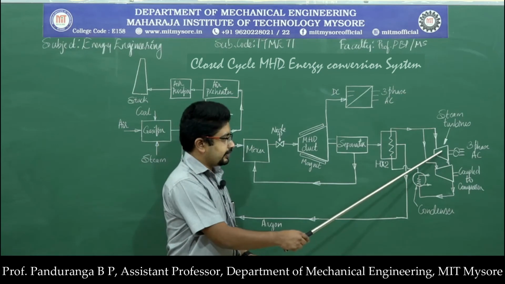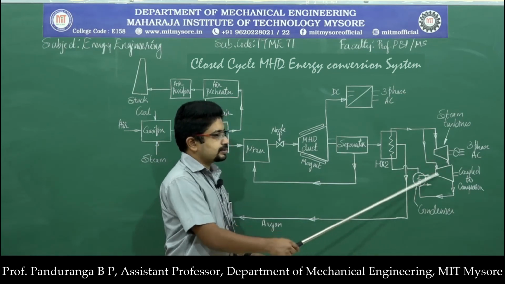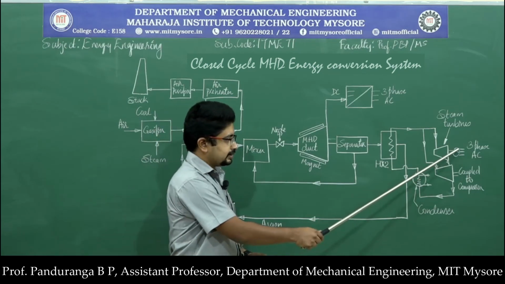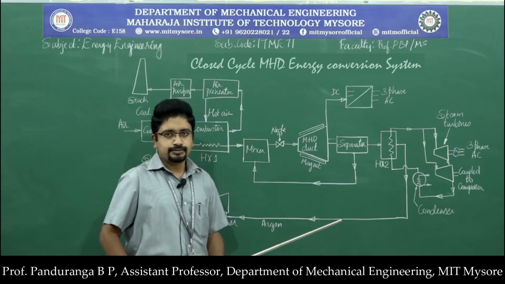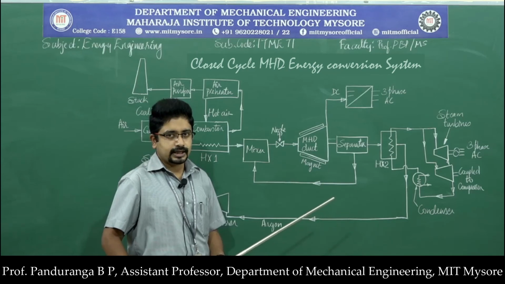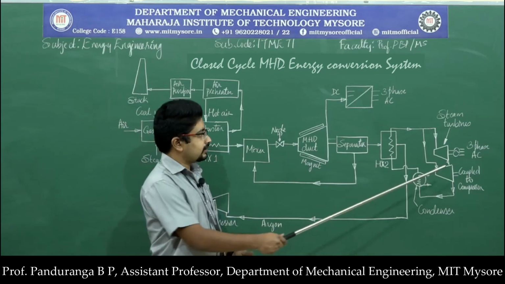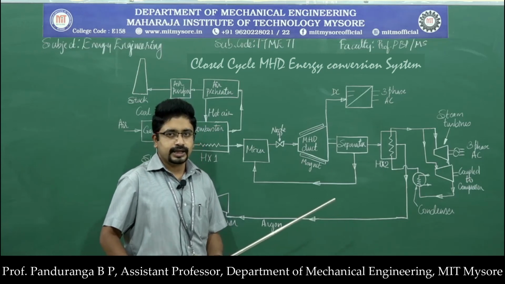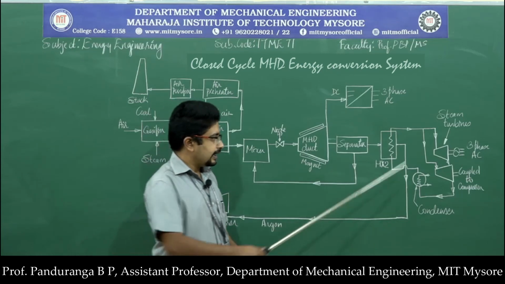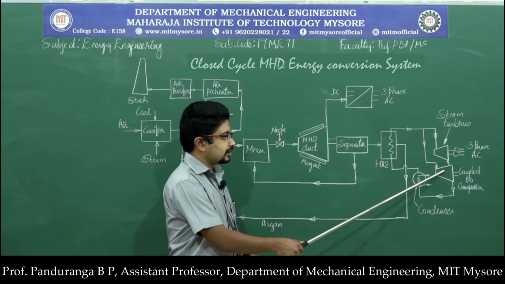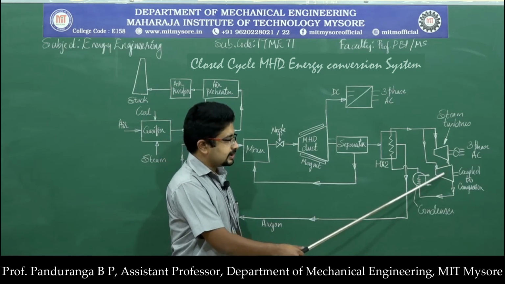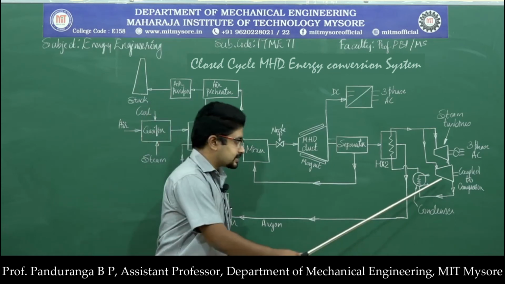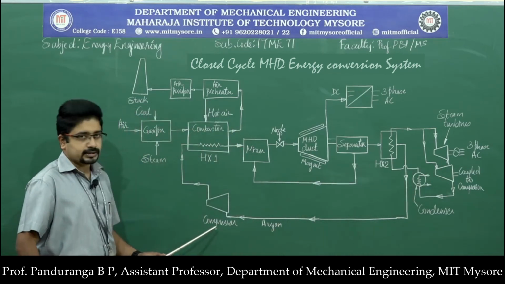Here, the majority of the steam passes through the first steam turbine which is coupled to a generator. So that generator produces 3-phase AC current, and that will be supplied to households as well as industries through the existing grid. And a small portion of the steam enters the second steam turbine, which is coupled to the compressor.